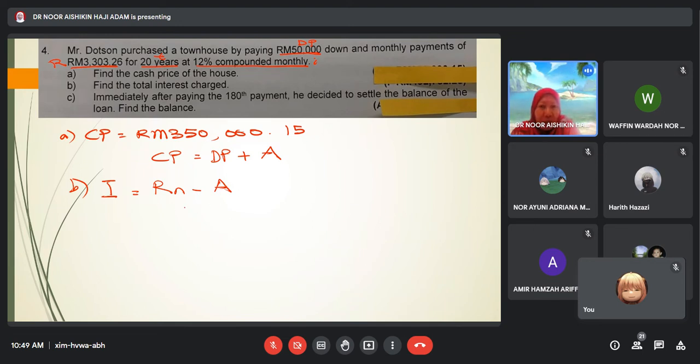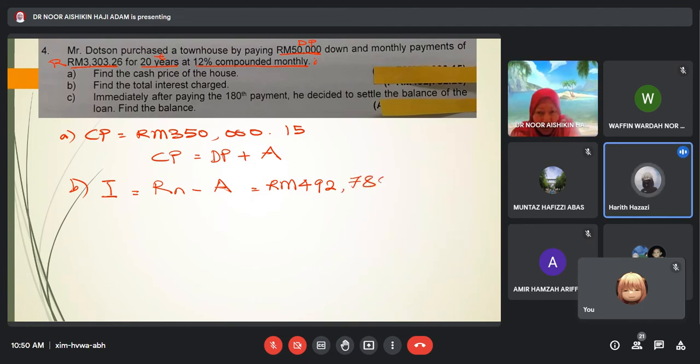Tapi duit yang dia bayar sebenarnya lebih daripada amount yang dipinjam. Betul. So R times N, total payments made minus the loan amount. That is I. How much is it? 492,782 ringgit 25 sen. Betul. Yes.